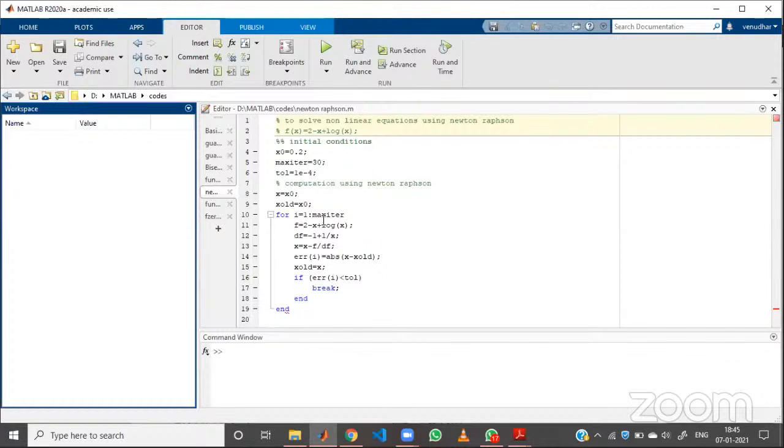So here I have used a for loop for i equal to 1 to max iterations. The value of max iterations is 30. f of x is equal to 2 minus x plus log x.